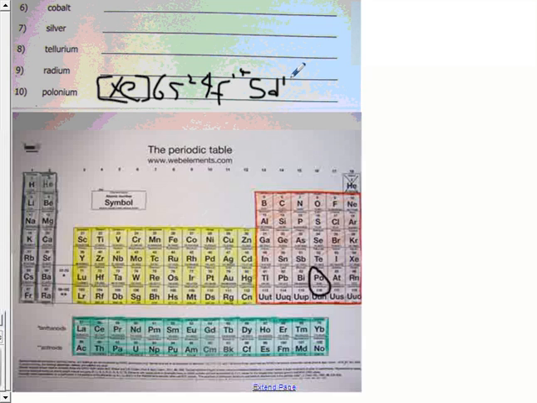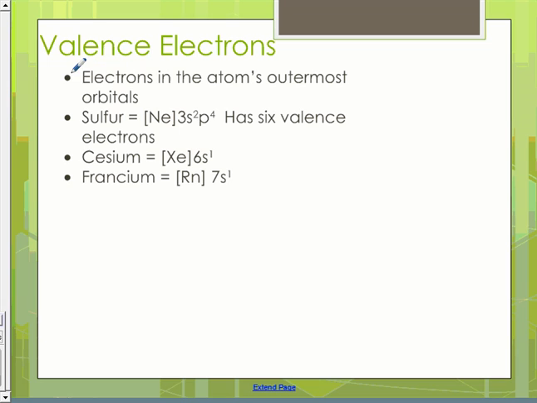And then finally 6p4. And that would be how we would write polonium. So that just gives you a shortcut method so you don't have to go through all that extensive stuff. And here's a couple other examples of shortcut methods.